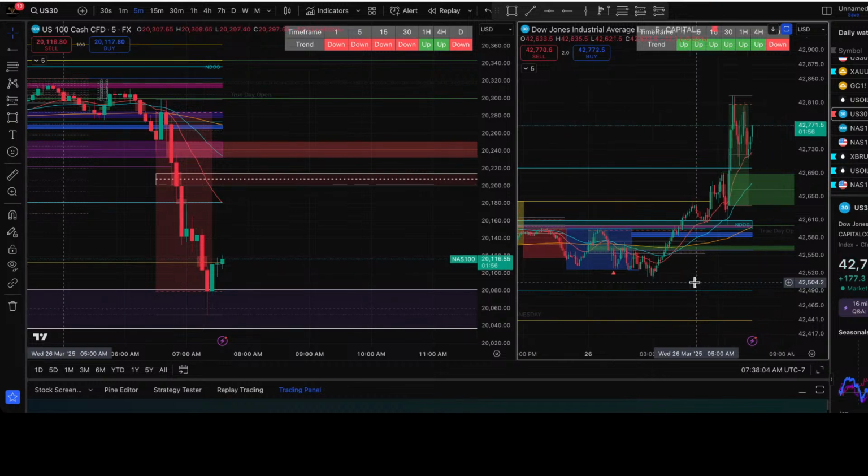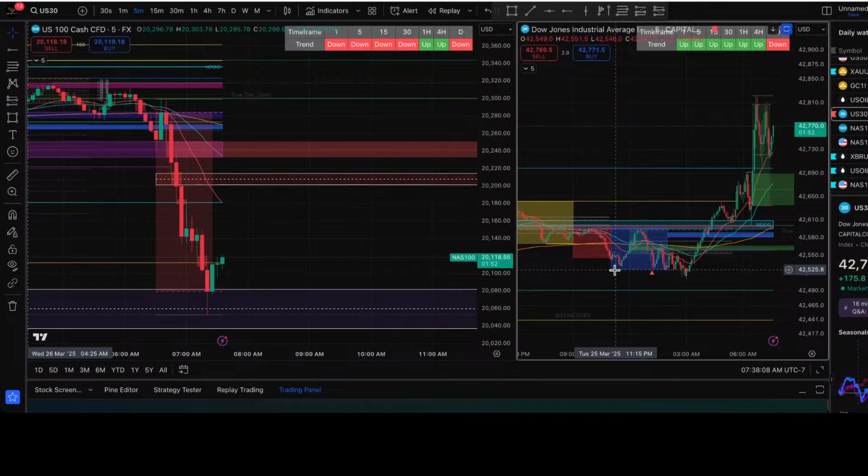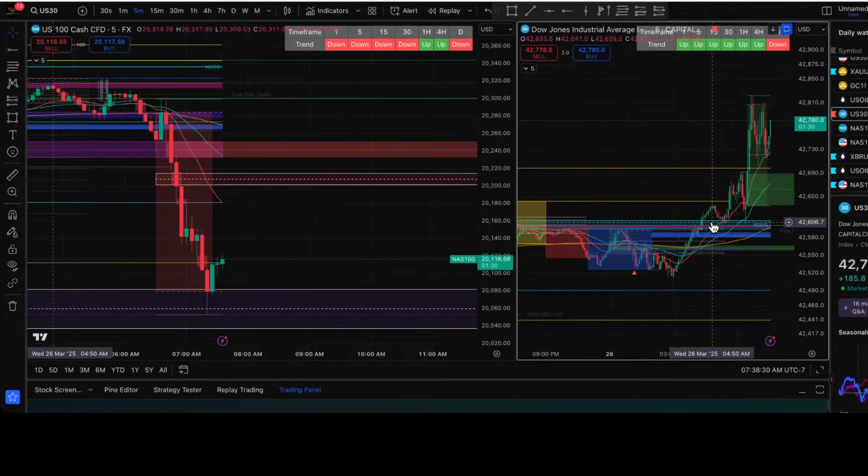We also had a mixed model. Remember, a mixed model is where you break both sides of that blue zone before 8:30 Eastern Standard. So we broke the lows. Everything about this was more or less trending down, but then we wait for that manipulation move.